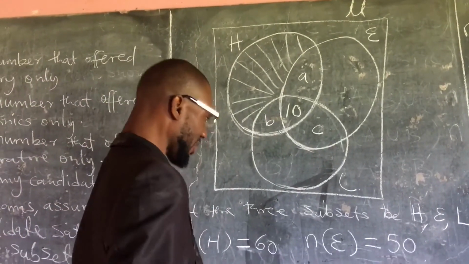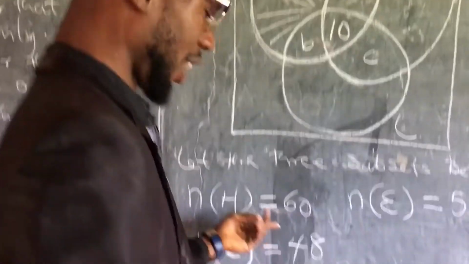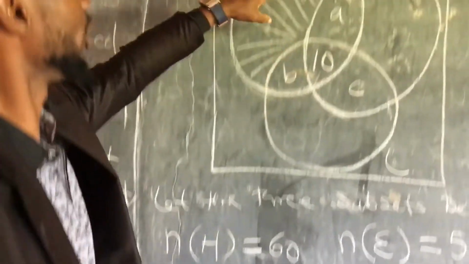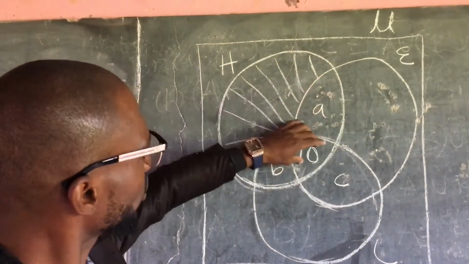Correct. Now let's do the math. Our cardinality of this 60 is equal to this one, this one, this one, and this one.